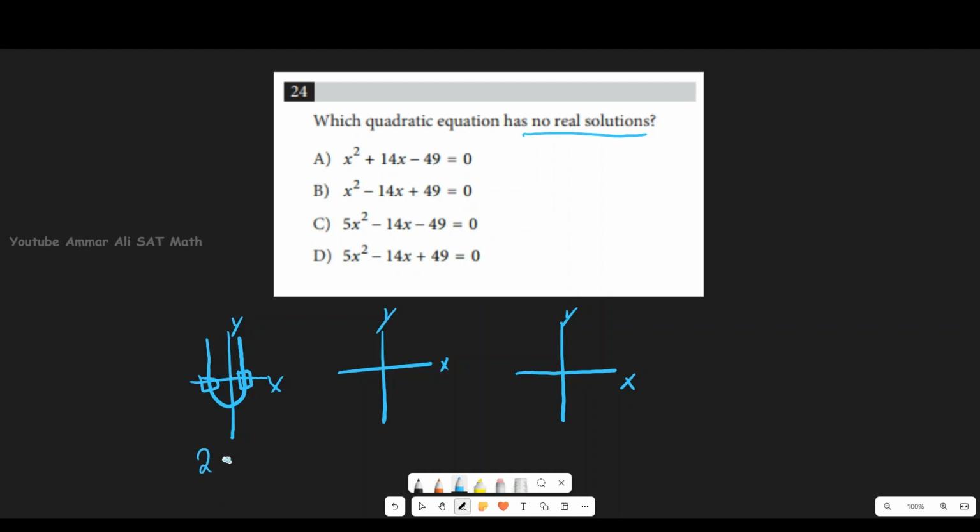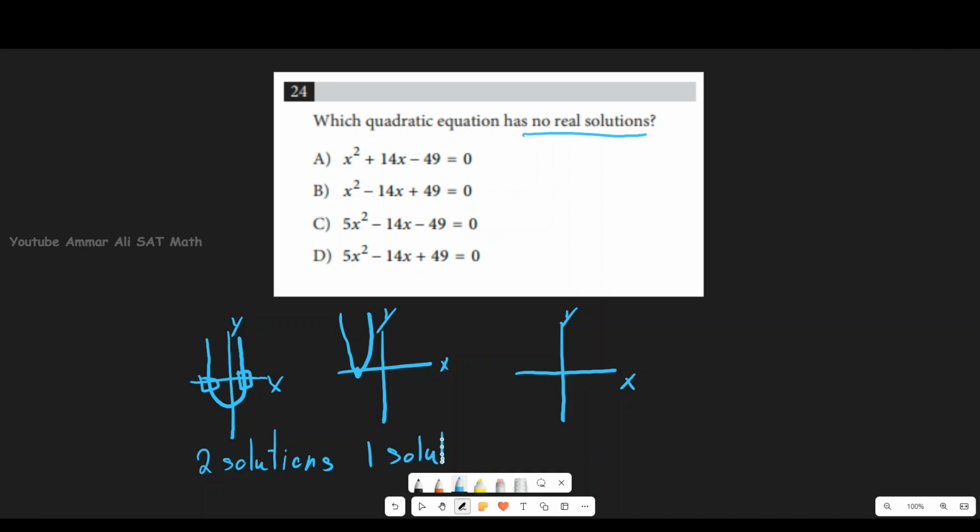In the next case, the parabola only touches the x-axis at a single point. You can imagine some parabola that touches the x-axis only at a single point. That is called having one solution.